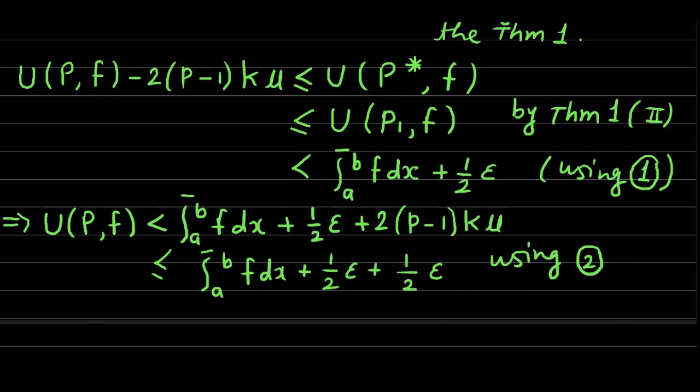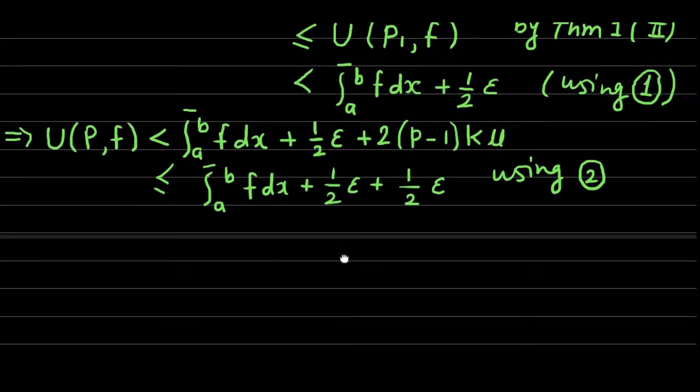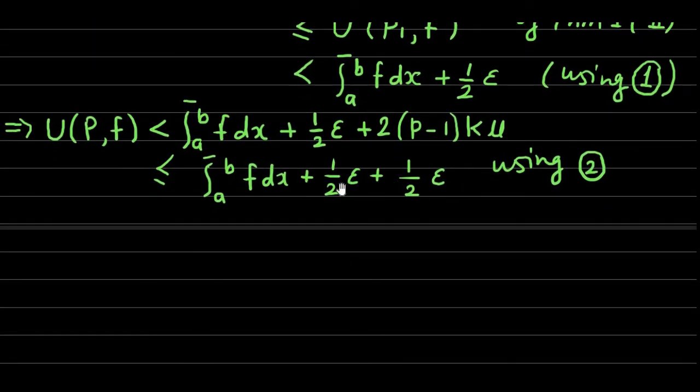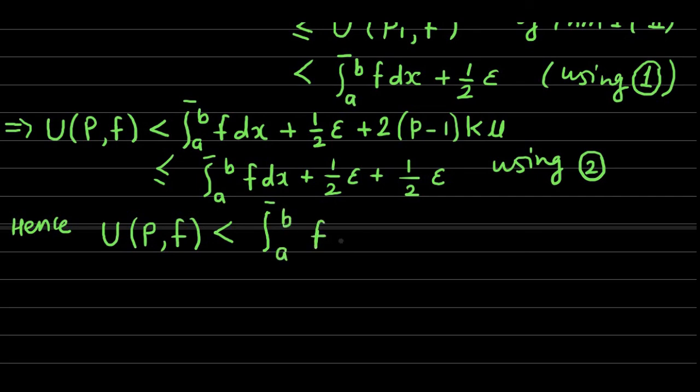So the same thing can be written now in the simplified form. Epsilon by 2 plus epsilon by 2 is epsilon. Therefore, we have finally obtained that upper sum over partition P for the function f is less than upper integral a to b f dx plus epsilon.